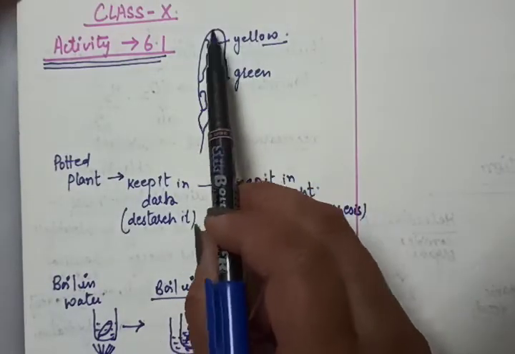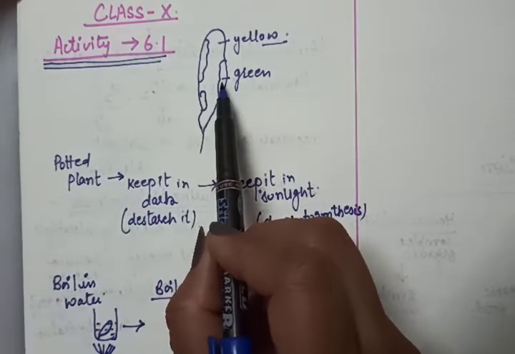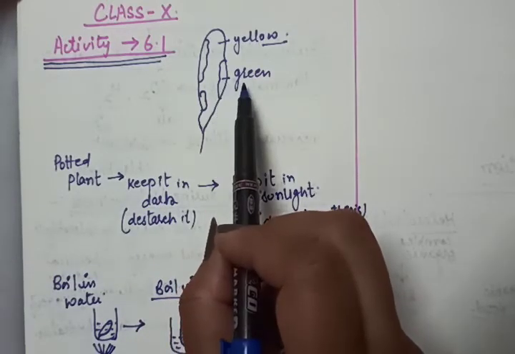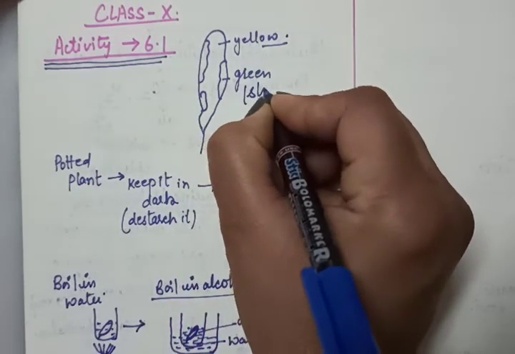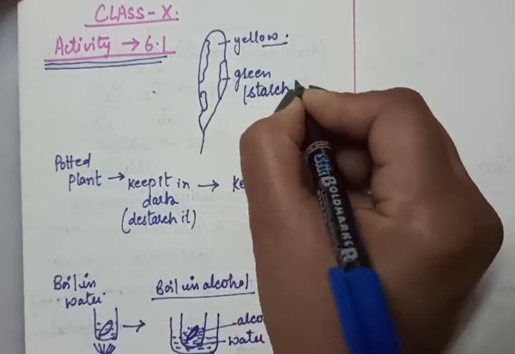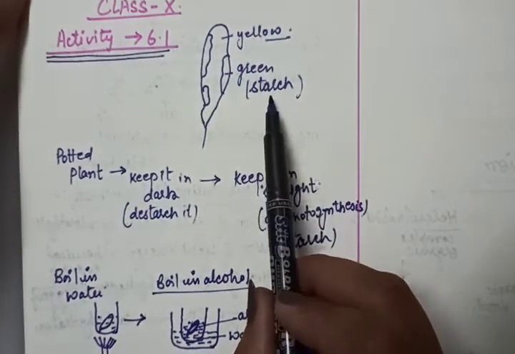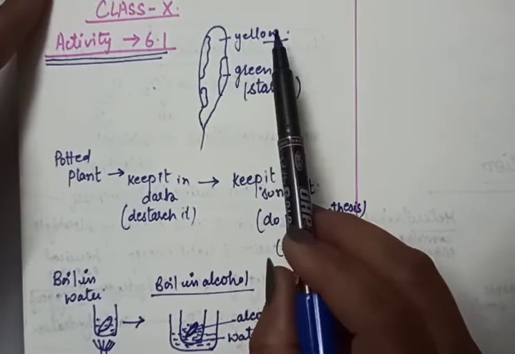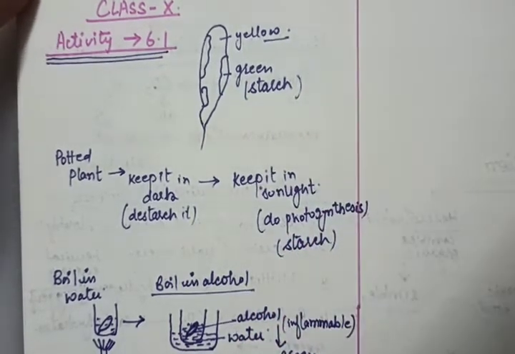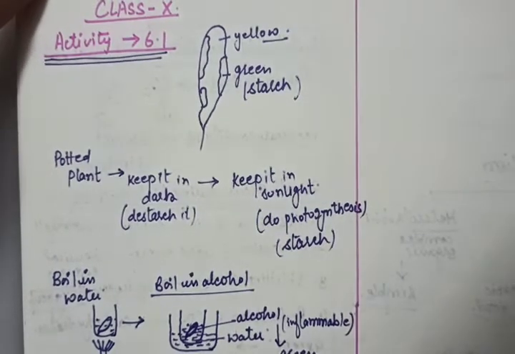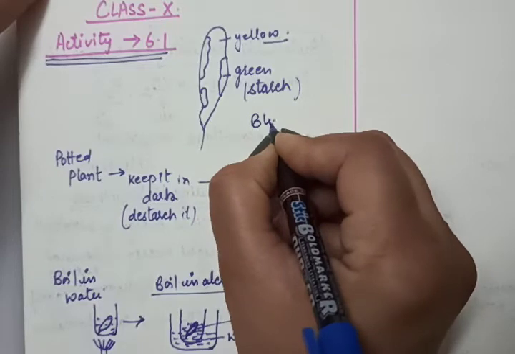After putting iodine drops on the leaf, the green part, that is due to the chlorophyll, that means it has done photosynthesis and these green parts are having starch. This green part will show the presence of starch and this yellow portion does not show the presence of starch, because when we put iodine in the starch solution, it will become blue black in color.